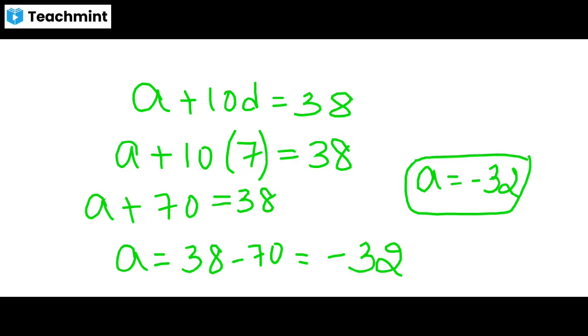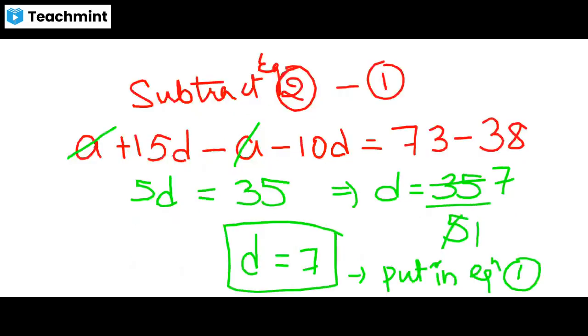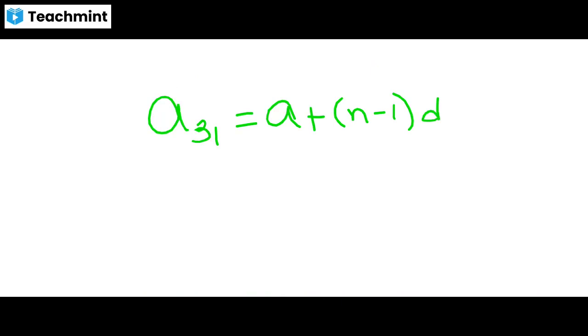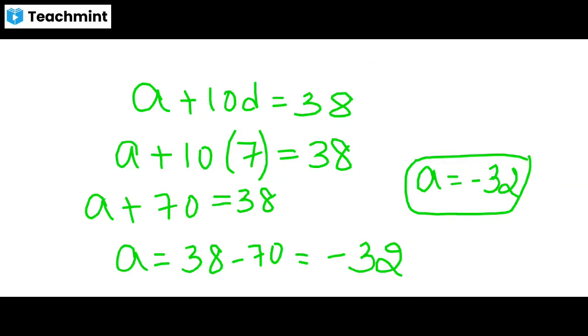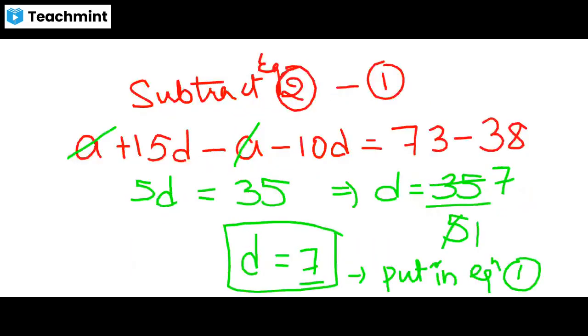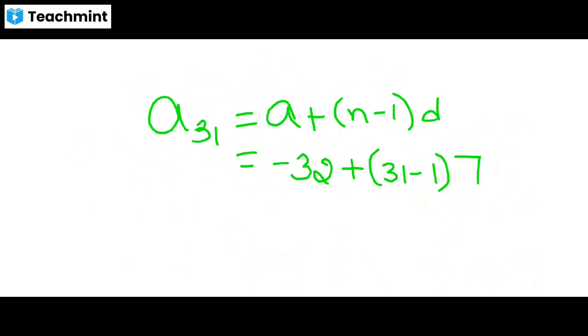The a value you got is minus 32 and the d value you got is 7. What was asked for you to find? A31. So how will you find A31? A31 can be written as a plus n minus 1 into d. In place of a, you should write minus 32, plus n minus 1, this is 31 minus 1, into d value, 7.